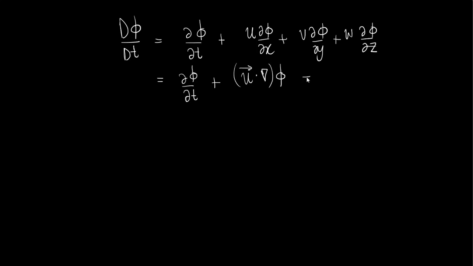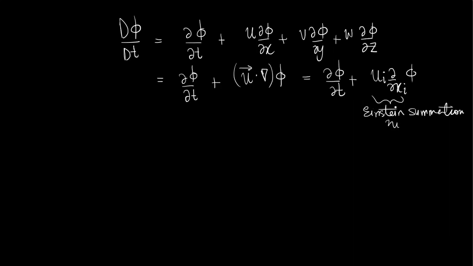In an Einstein notation, this can also be written as del phi del t plus u_i del x_i of phi. So this implies a summation, and I hope it is clear how it is going on.